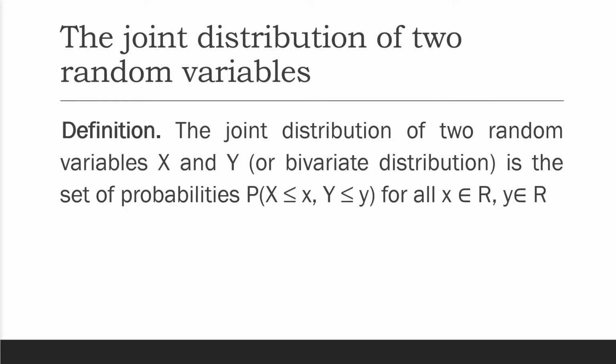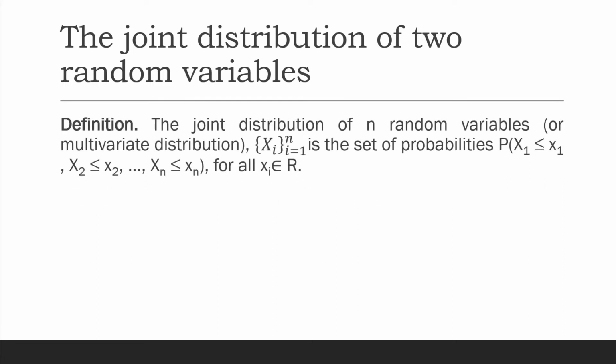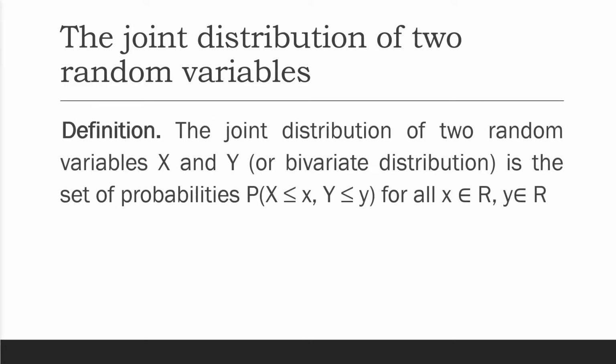So the cumulative distribution function would be, you will have the function of x and y equal to the probability of x greater than or equal to the set x, and the point y is greater than or equal to the set y.